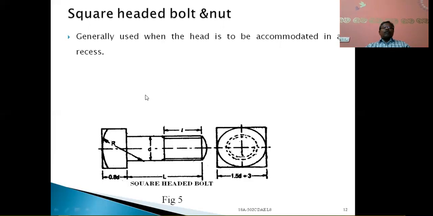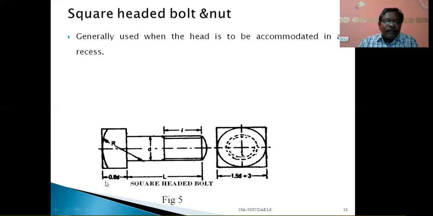Okay, so now let us see the square headed bolts. Square headed bolts are generally used when the head is to be accommodated in a recess, and this is the shape of a square headed bolt.